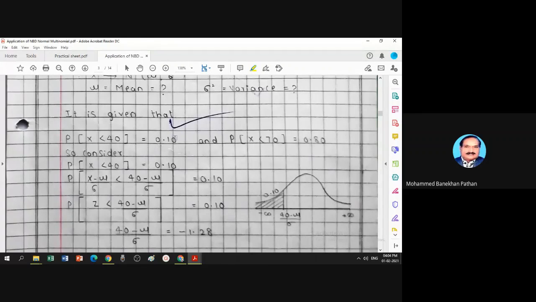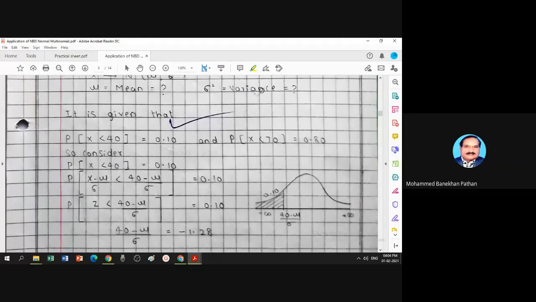This is the first information. And probability of X less than 70, that is marks less than 70, equals 80%, 80 upon 100. So this is the information provided to you in the question.